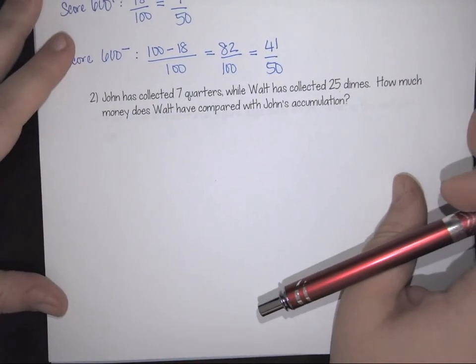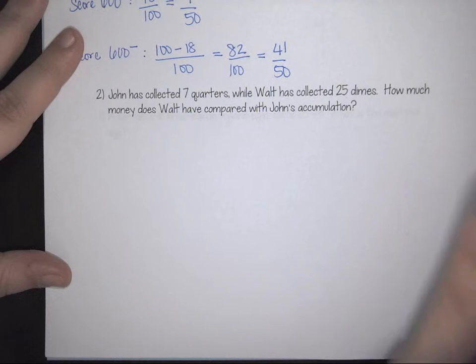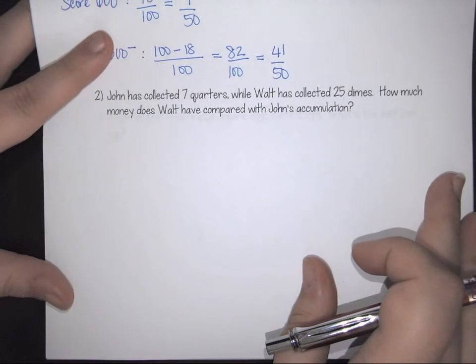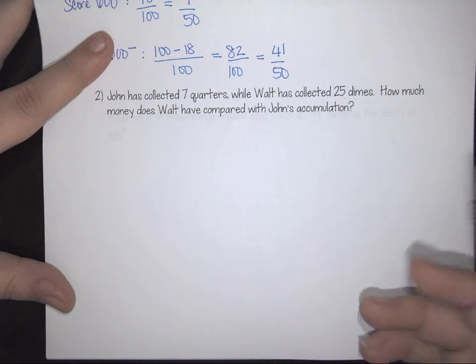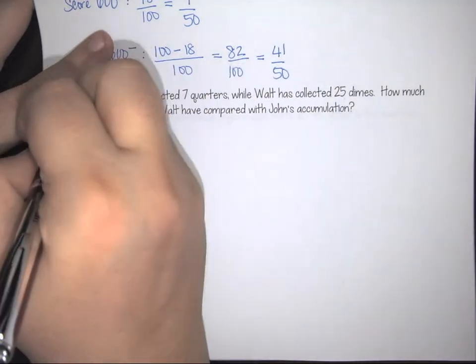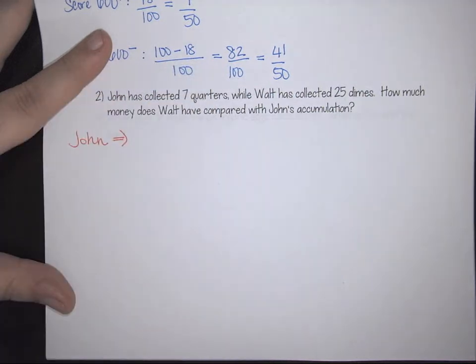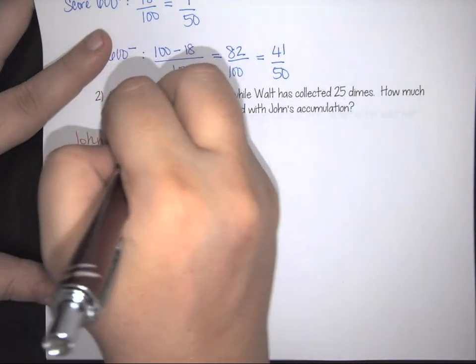Alright, let's look at another one. John has collected 7 quarters while Walt has collected 25 dimes. How much money does Walt have compared with John's? So we're looking at John, and he has collected 7 quarters.